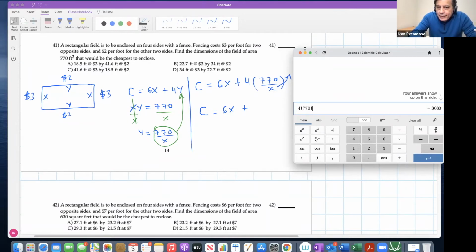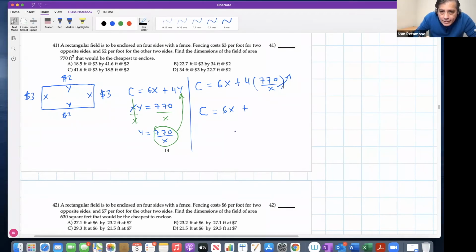So 3080 X raised to -1. You may say, why, Professor, are you writing this as X raised to -1? The reason is I want to make this cost function look like a polynomial. This is not technically a polynomial, since polynomials do not have negative exponents, but it looks like one because polynomials are easy to differentiate.